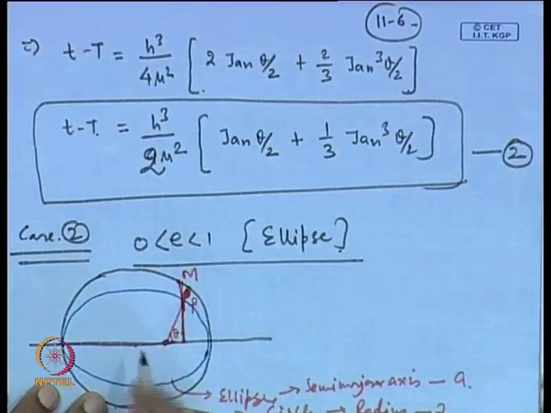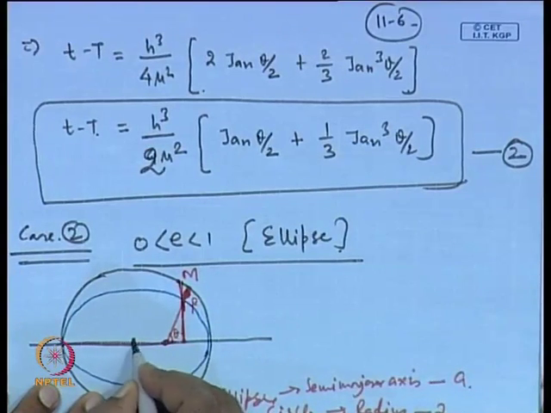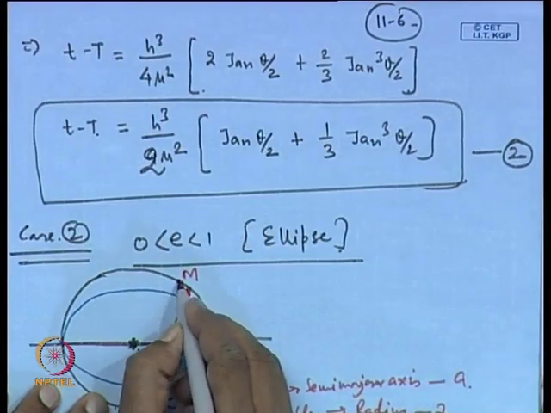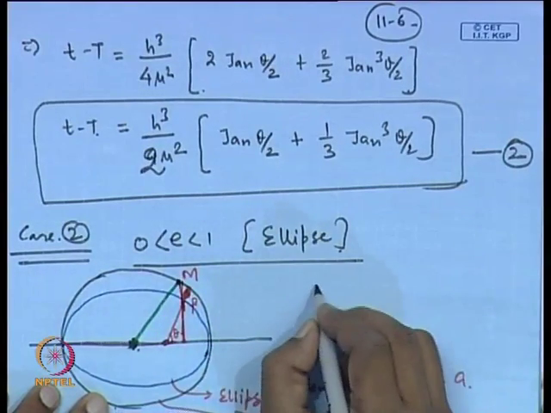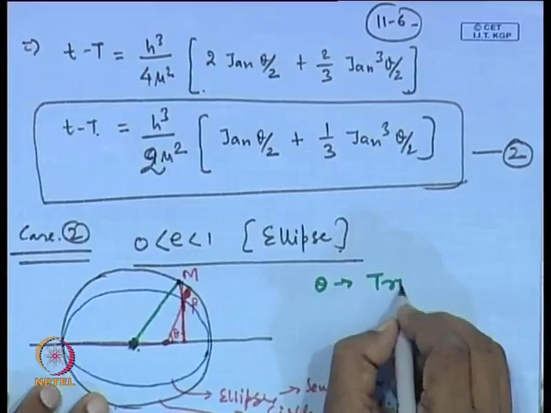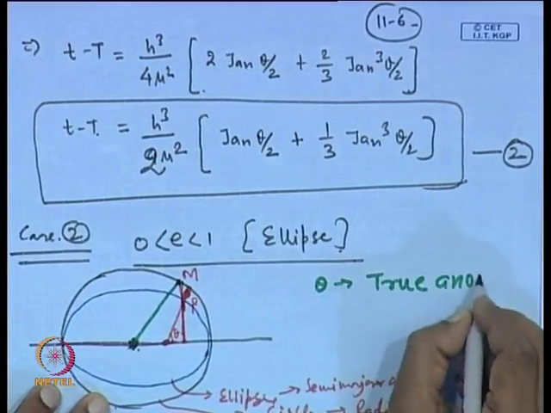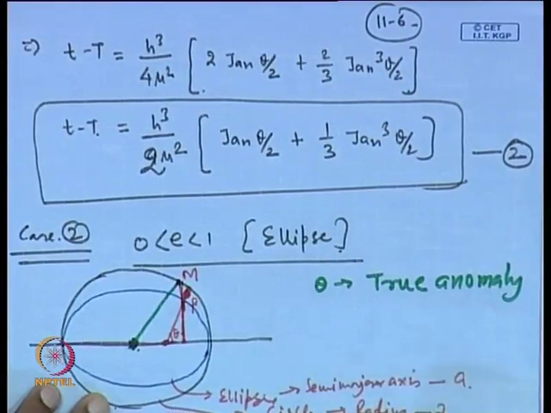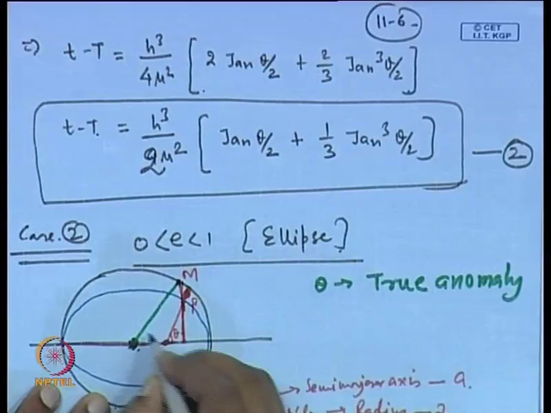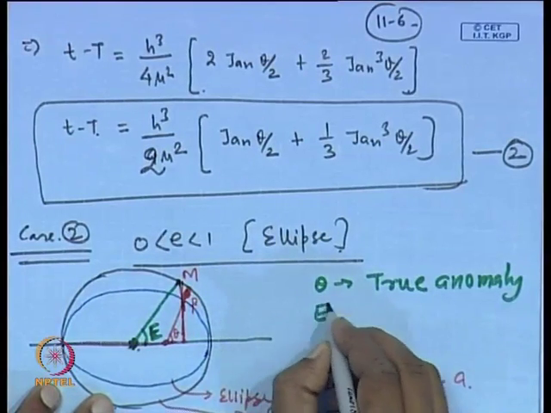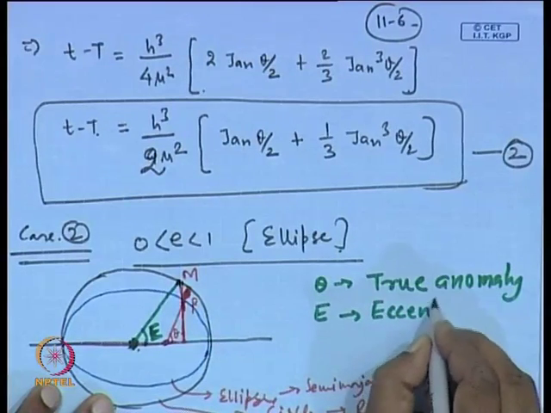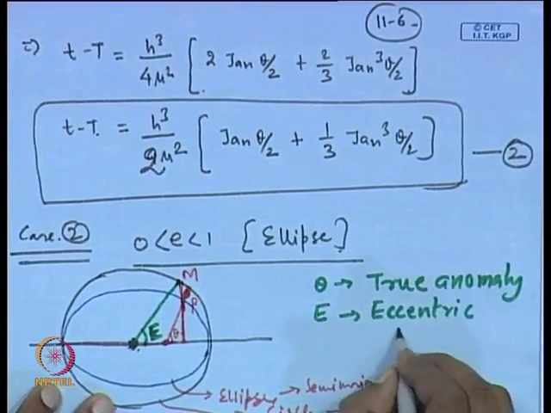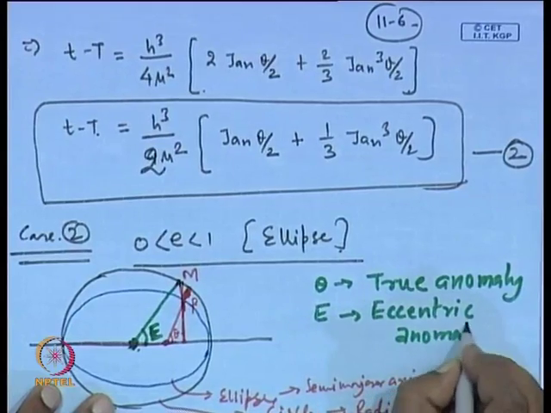Next we have the center of the circle here. Okay. So, we join this point from here to here. The angle theta here is the true anomaly, okay. And this angle is indicated by capital E, and this angle is the eccentric anomaly.